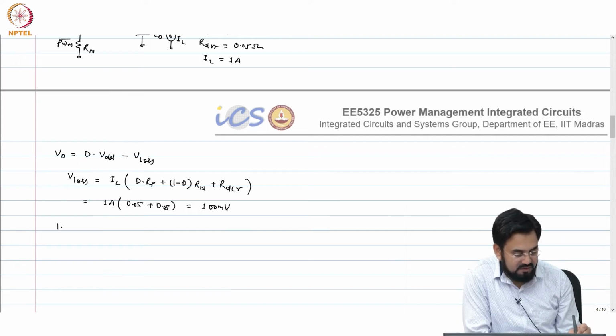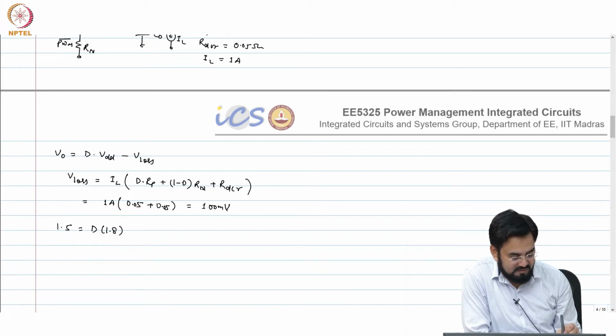V out is already known, 1.5 volt, equal to D times 1.8 minus 100 millivolt. This implies D equal to 1.6 over 1.8.